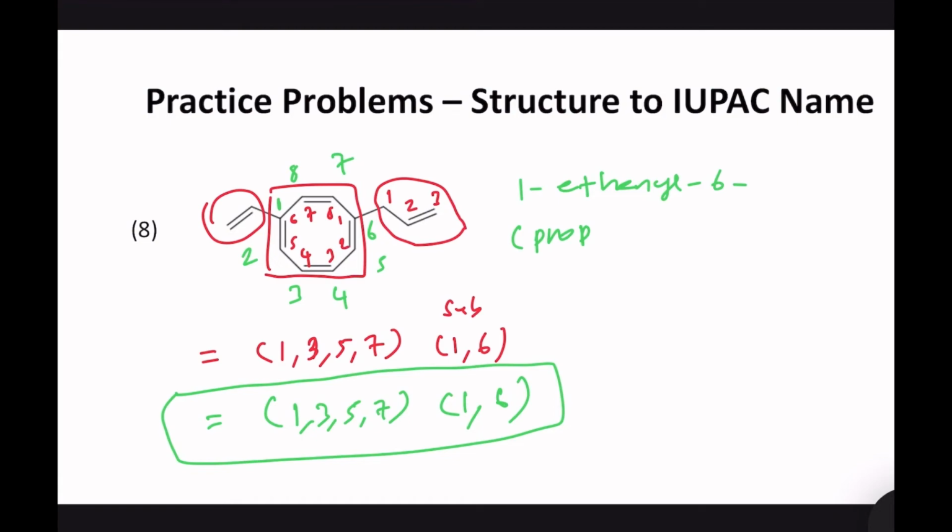So, that is why I am just writing it down prop-2-en-yl because it is a complex substituent, cycloalkata-1,3,5,7-tetraene. That is the correct IUPAC name for this molecule.